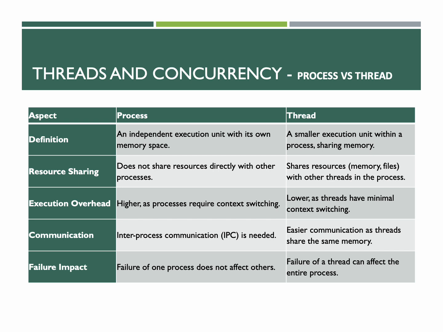For example, opening two browser windows creates two separate processes, whereas a thread is a smaller execution unit within a process, sharing the process memory and resources. For example, opening multiple tabs in the same browser window creates threads.